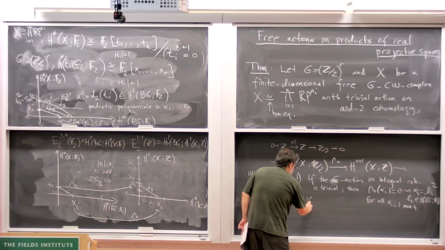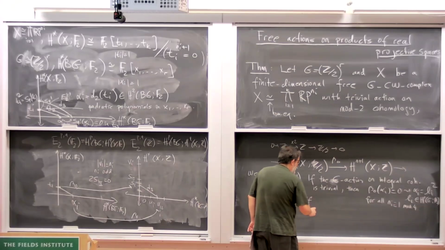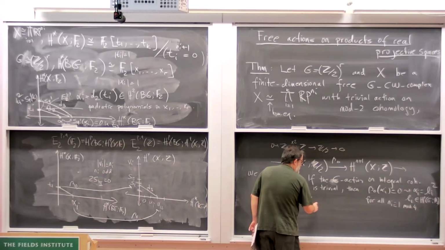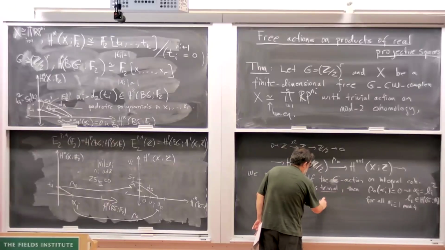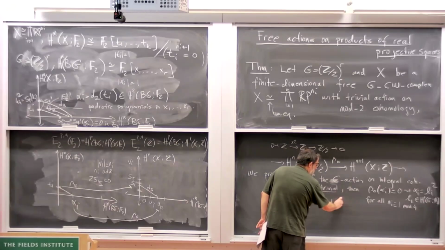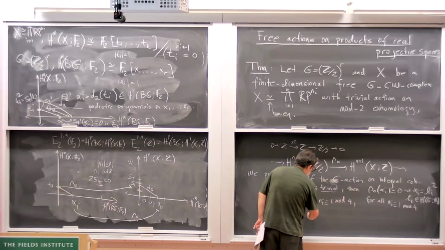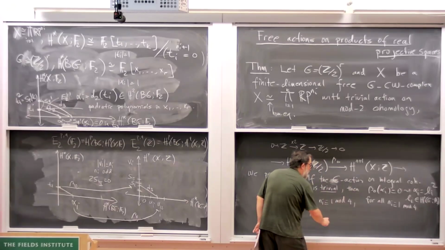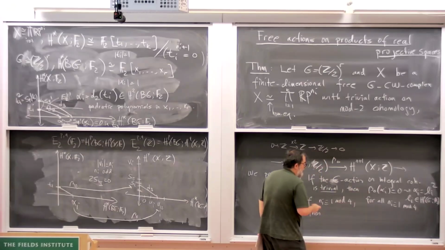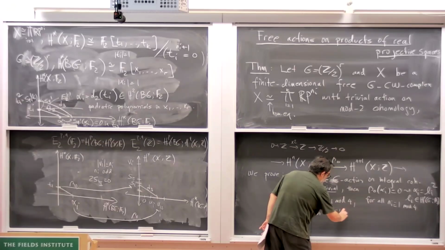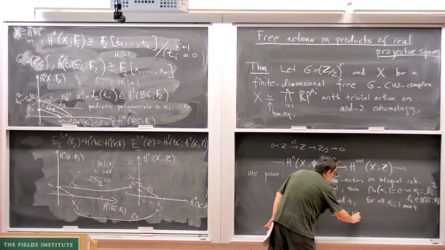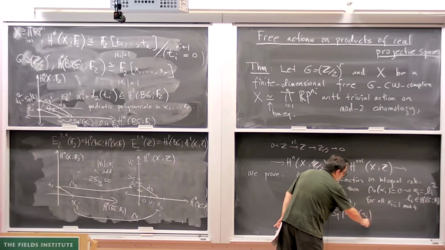The second observation, which is a little bit harder to prove, is in a more general case, with possibly non-trivial action, with the same condition, then you can prove that this Bockstein is no longer 0, but Steenrod powers of these alpha i's are in the ideal generated by alpha i.